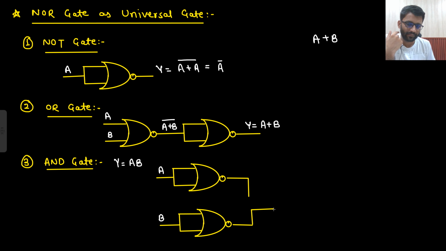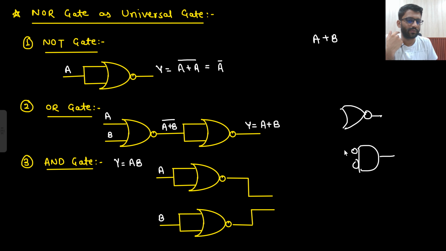Now I know one thing, that this gate can be replaced with this gate as well. This is how also it can be replaced. So here I am having A bar and here I am having B bar. So A bar and then bar, it would be A. B bar and then bar, it would be B. And since this is an AND gate, there will be multiplication.